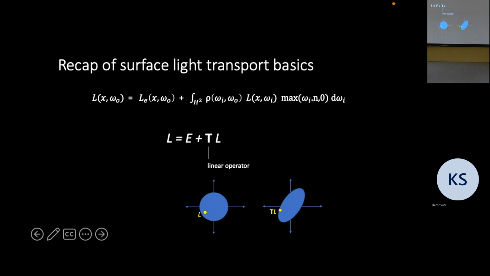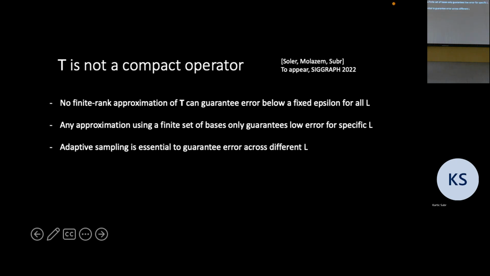If light comes off there, it hits, let's say, a surface. There's a linear operator that defines how the light is then scattered. So there's the emission and the linear T operator, and this equation characterizes all of that. We did some theoretical analysis of it, and because nobody here really cares about this topic, I won't tell you specifically what it means, but what we showed was something about the compactness of this operator.